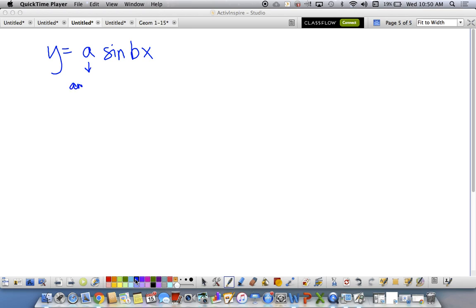The absolute value of a is the amplitude. The b will change our period. The period will be 2 pi over whatever b is.